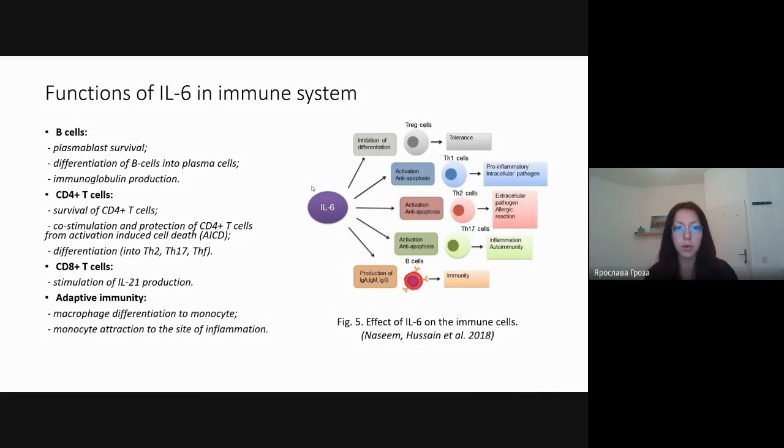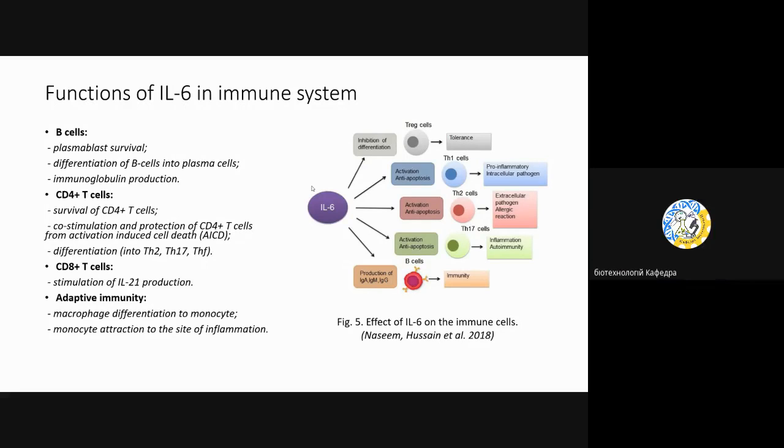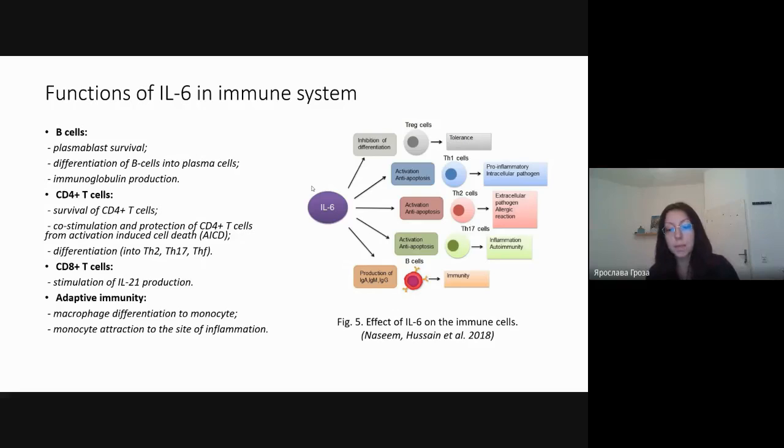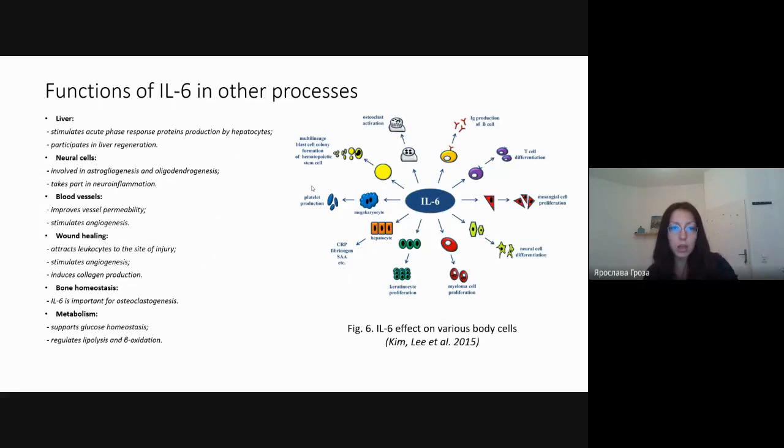It's important for immunoglobulin production, for T cell survival and differentiation, and for adaptive immunity. But beyond the immune system, it also has a lot of other activities. It's important for liver regeneration.